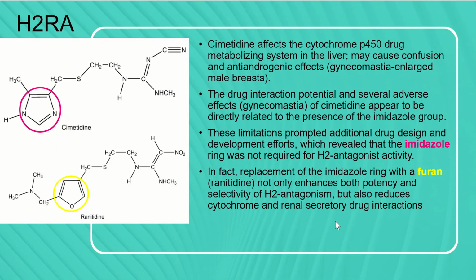So that was an improvement there. Because of the several side effects of cimetidine, they chose to make a change, and they found out that the imidazole ring was not directly responsible for the activity, and so they switched it out with a furan, and it worked wonders.